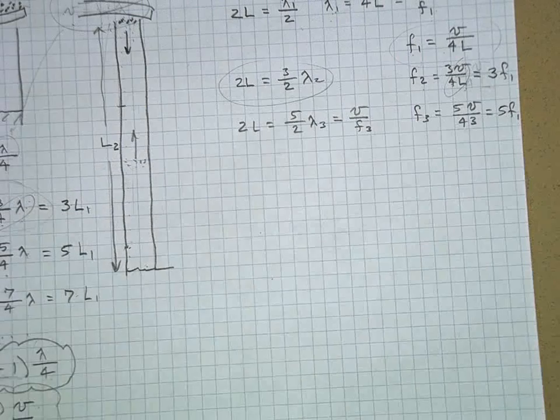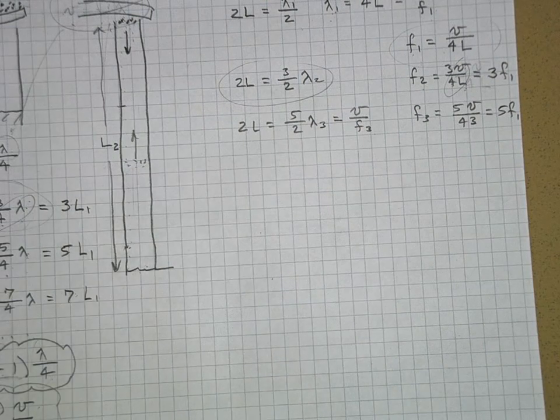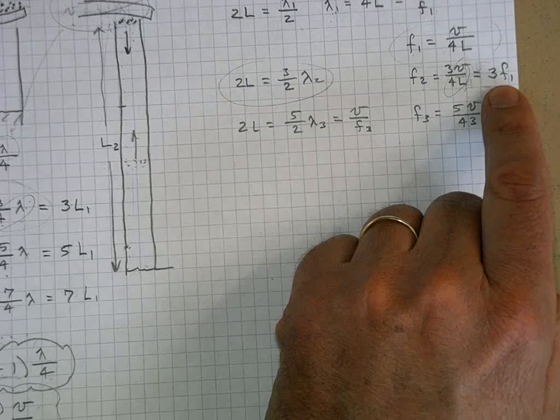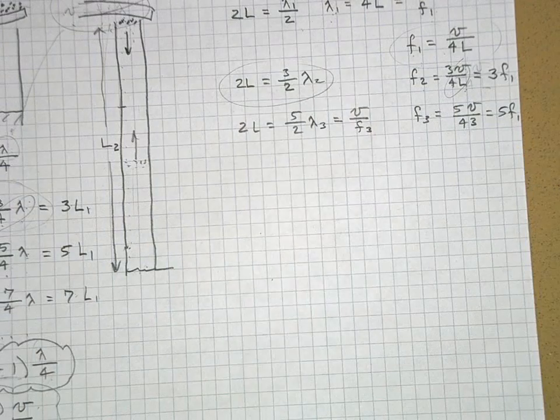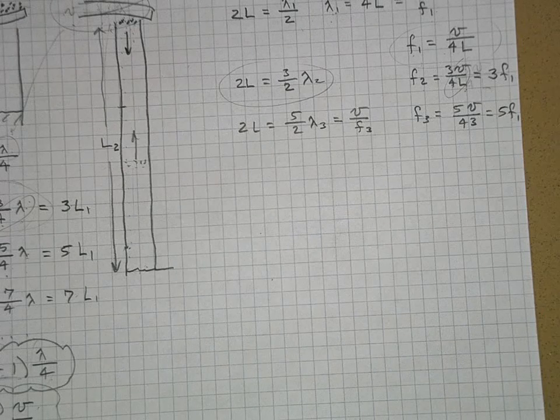So when I blew through this pipe, here's F1, here's F2. F2 there was 3 times the frequency of F1. And then F3, here's F1, F2, F3. That's 5 times the frequency that I started with.